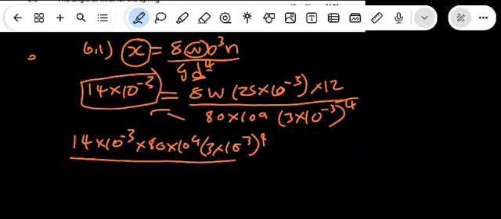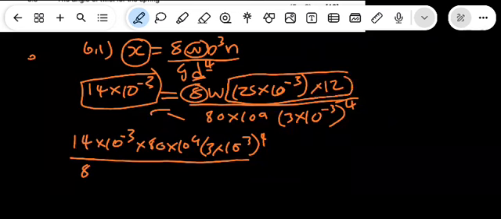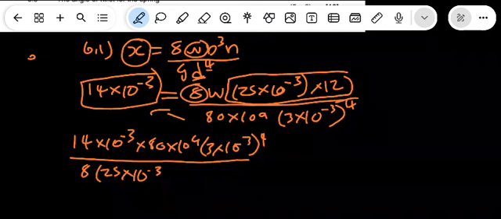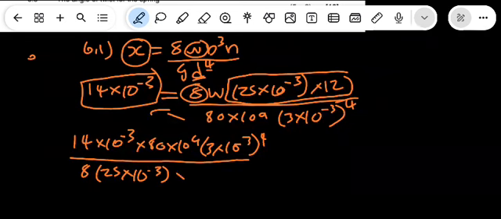Divide again by 8. Divide by 25 times 10 to the power of minus 3 times 12. We'll have W there.